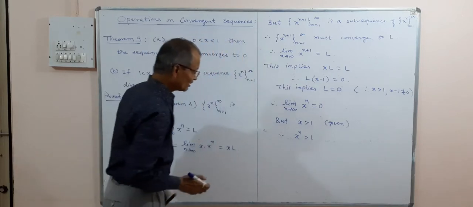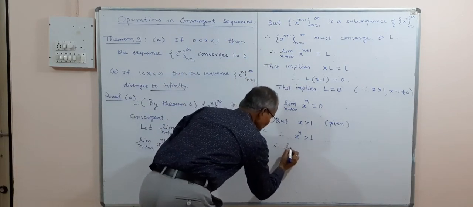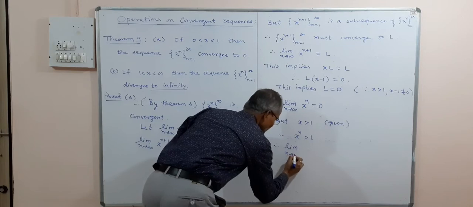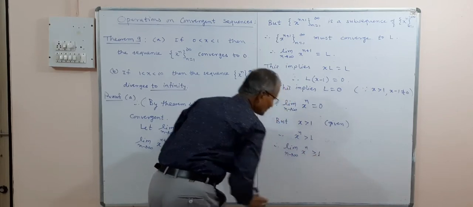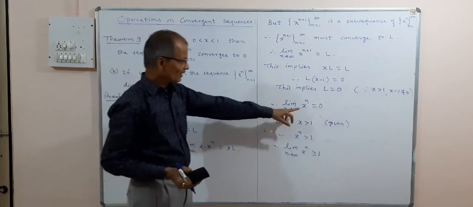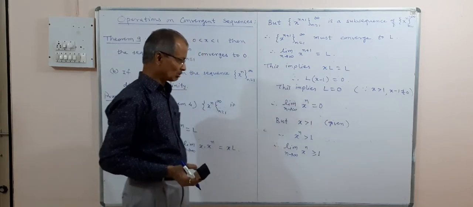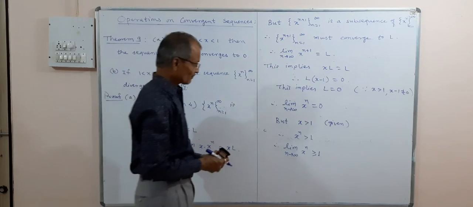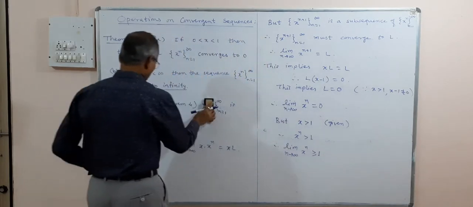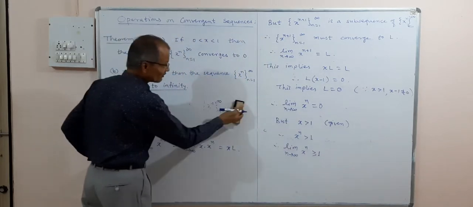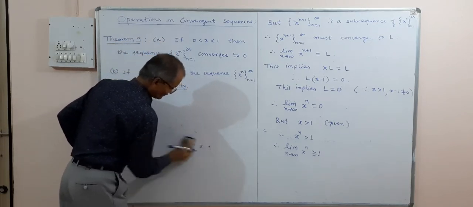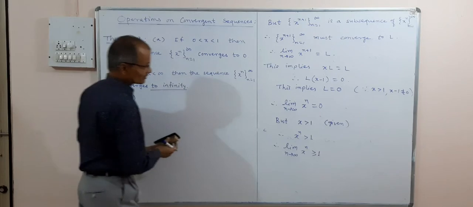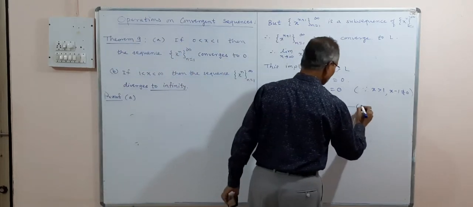And therefore the limit of x raised to n must be greater than or equal to 1. But what we have here is that the limit of x raised to n is 0. So this is a contradiction, because the limit we have obtained is 0. Or we may refer to this as 1, and this is a contradiction.